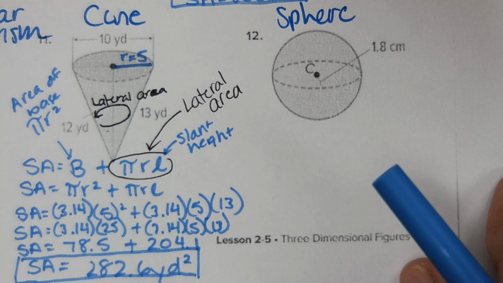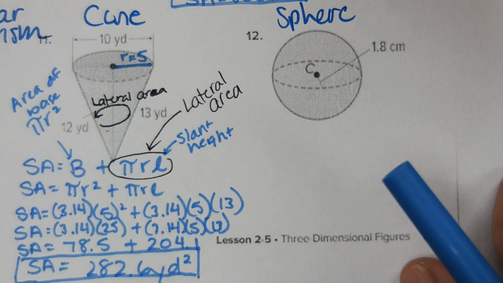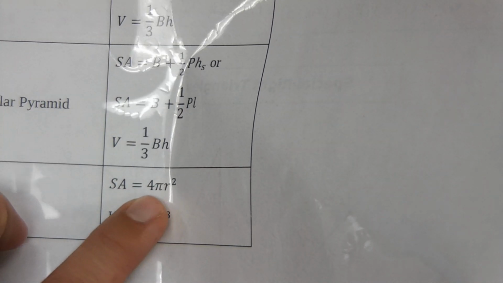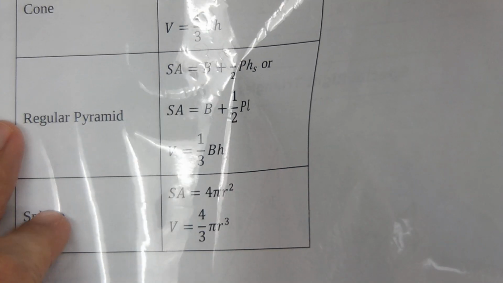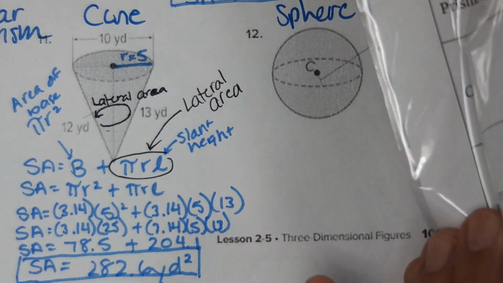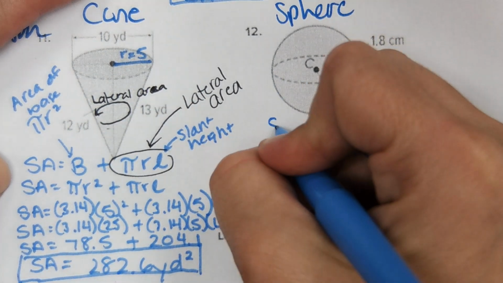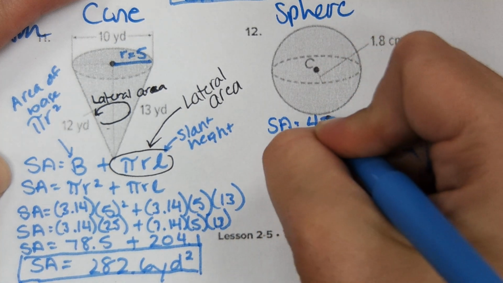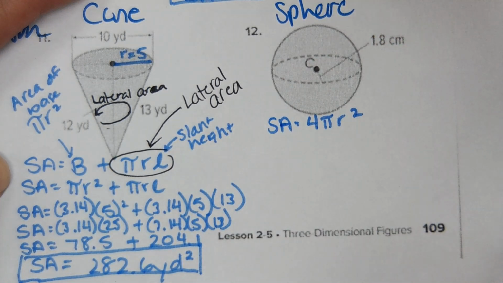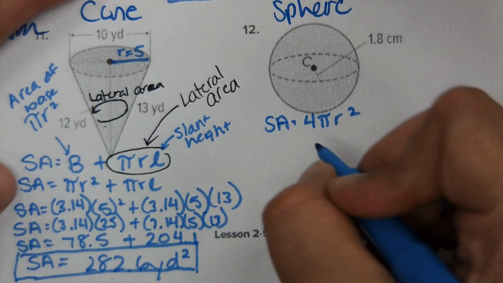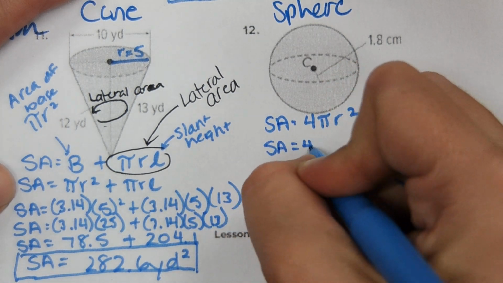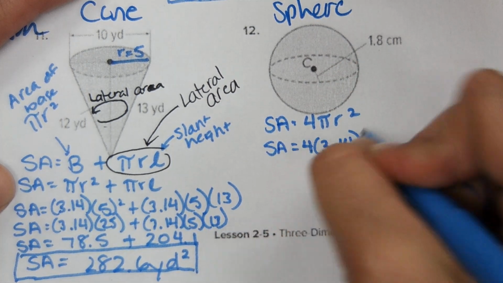And the last one is a sphere. Sphere is actually the easiest one of them all. The equation is the shortest. It's just surface area of a sphere. So here I went sphere, surface area, 4 pi r squared. So surface area of a sphere, 4 pi r squared. Surface area equals 4. We use 3.14.